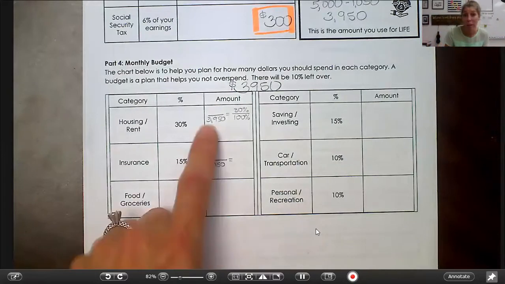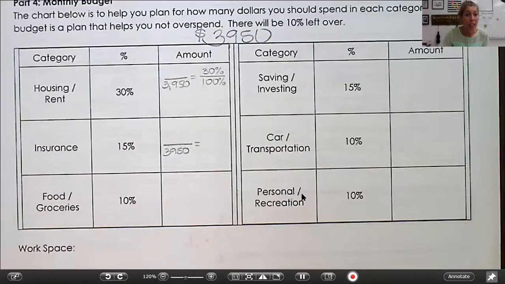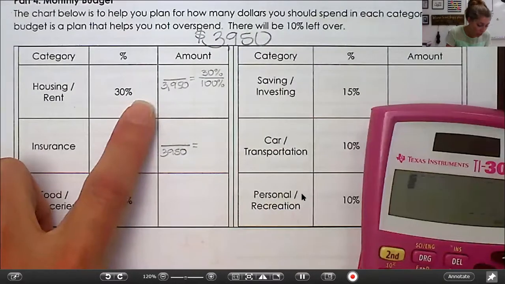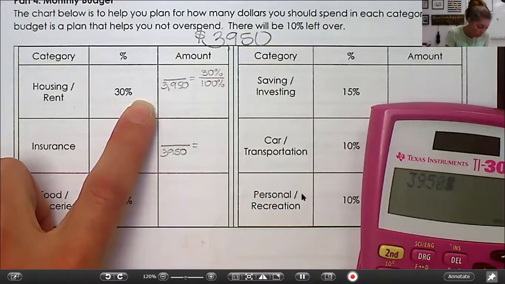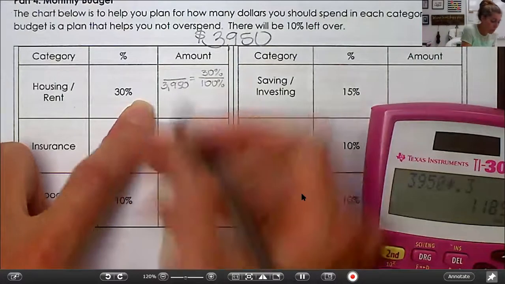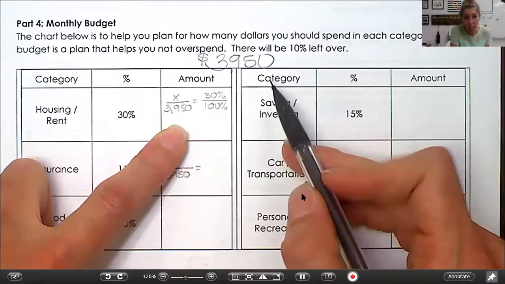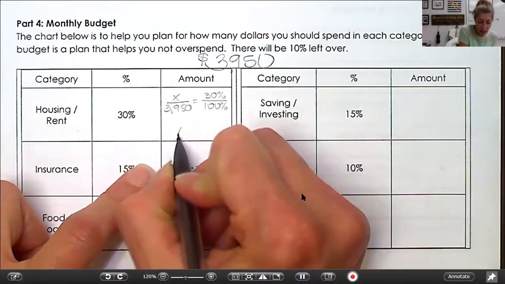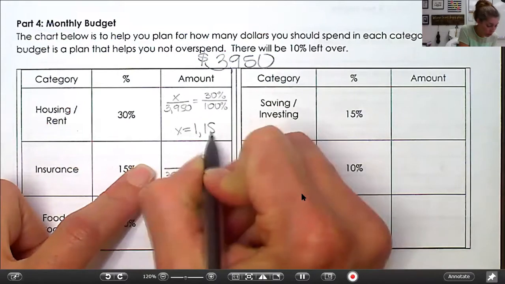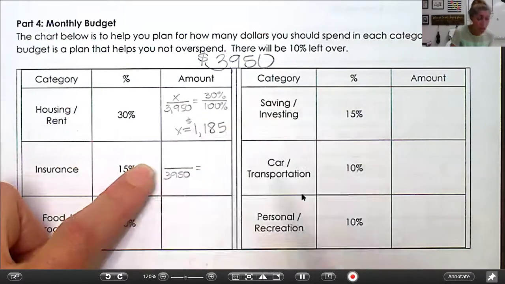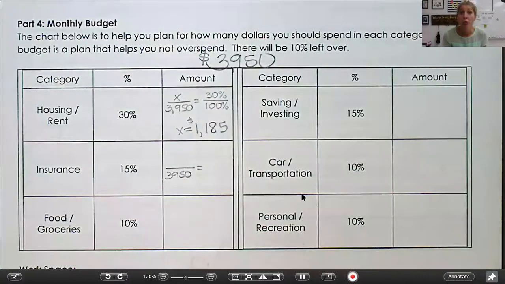So you're going to use that same number the whole time and allot to your budget. So I'm just going to figure out. For me, with $5,000 starting out, $3,950 after taxes, I have $1,185 that is available for my monthly mortgage.